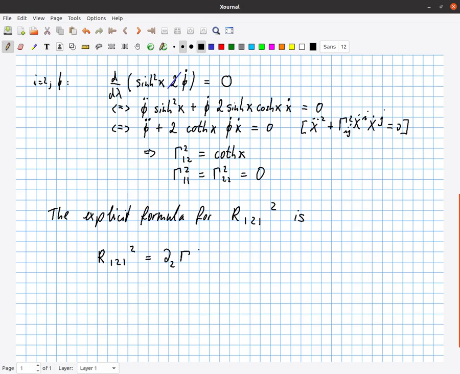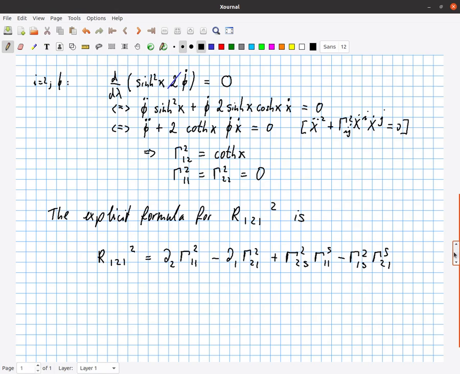What we get here is partial 2 gamma 1, 1 minus partial 1 gamma 2, 2, 1 plus gamma 2, 2, s gamma s, 1, 1 minus gamma 2, 1, s gamma s, 2, 1. Remember, there is the summation over s still taking place.